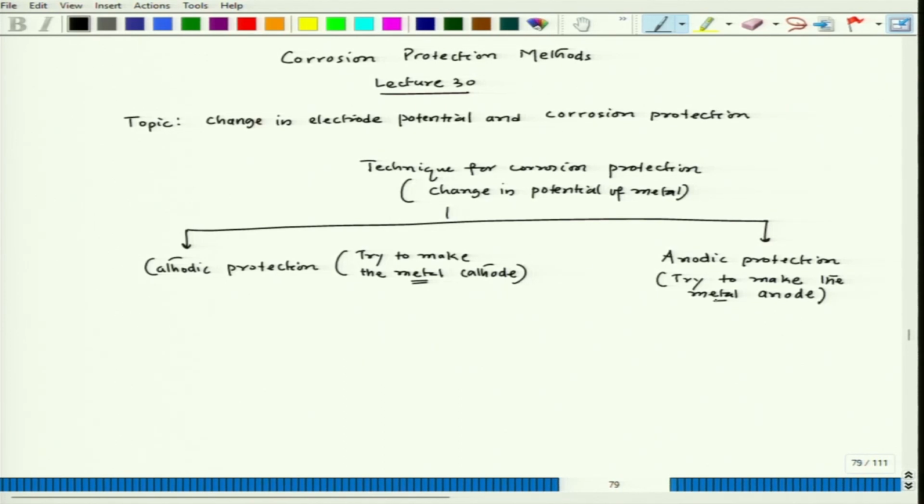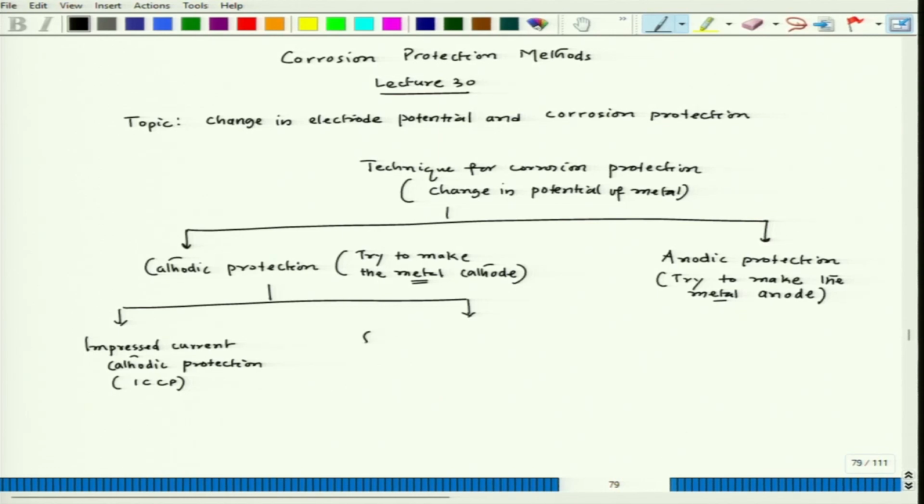Here also this metal is to be protected. Now, under cathodic protection we have two segments. One is impressed current cathodic protection, which is in short called ICCP, and another one is sacrificial anode.